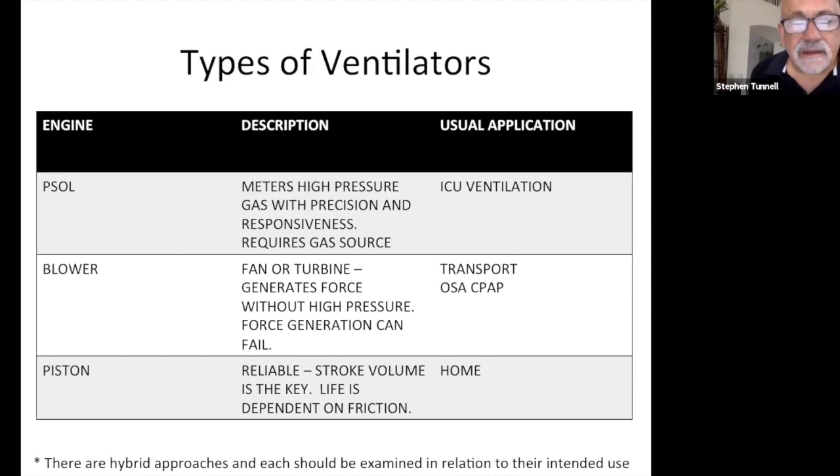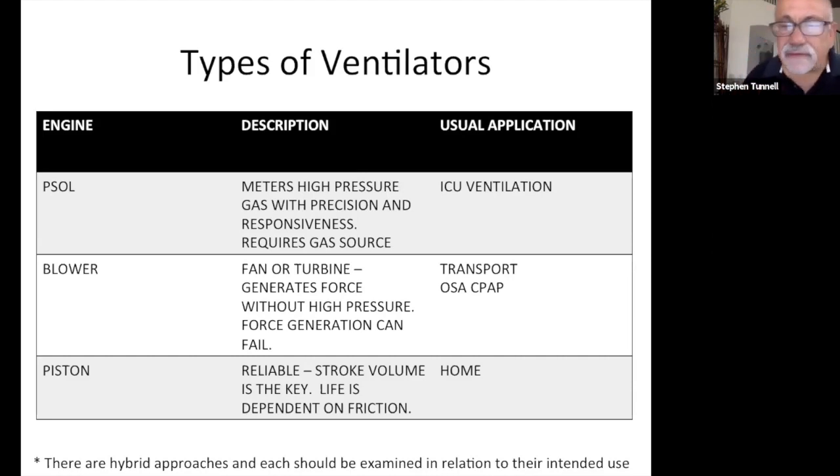another fallacy that we've heard in the pandemic is that ventilators cost $50,000. Well, I guess that's only if somebody is a sucker, because ventilators do not cost $50,000. In general, the average selling price of a high-end, fully featured, PSOL-based ventilator is around $30,000.